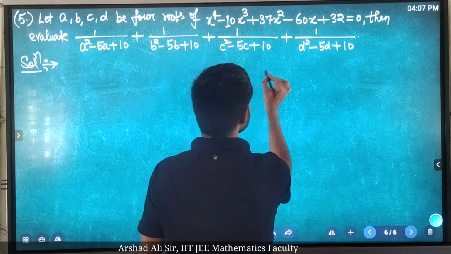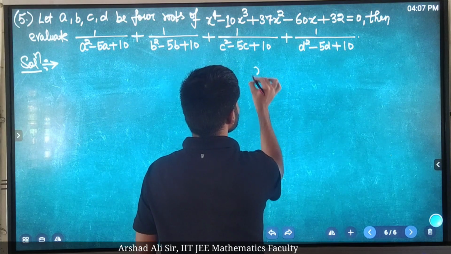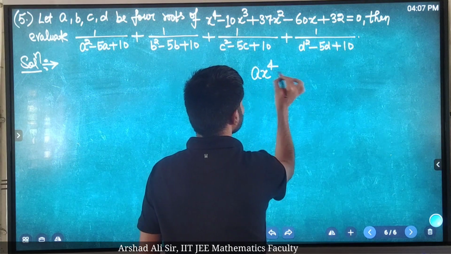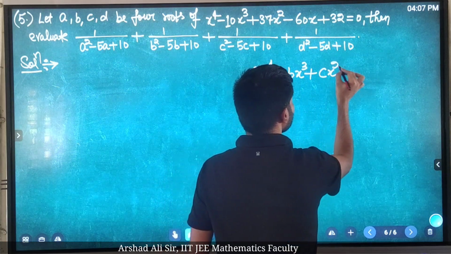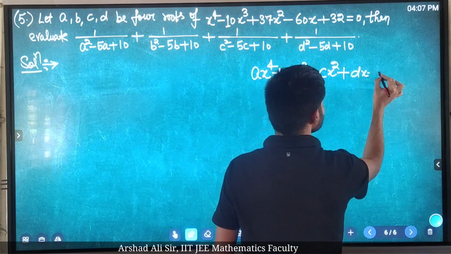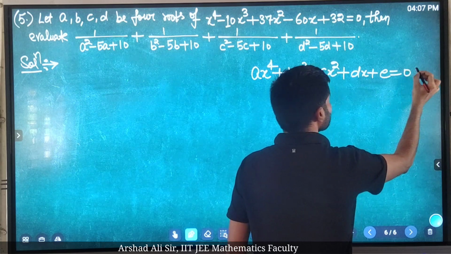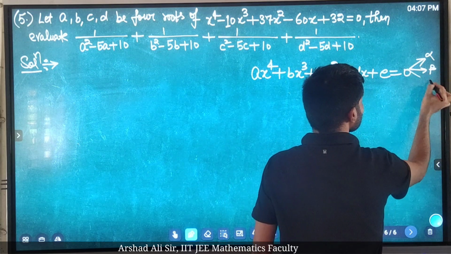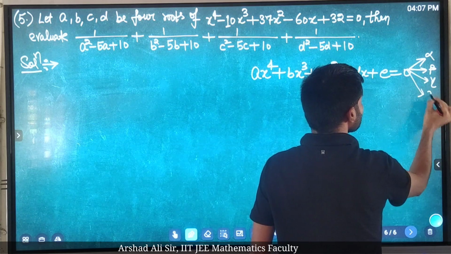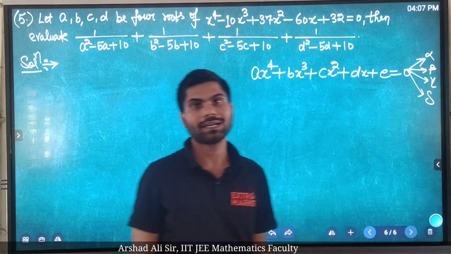If you are given any biquadratic equation, let's suppose ax to the power 4 plus bx cube plus cx square plus dx plus e is equal to 0, and let's suppose alpha, beta, gamma and delta are the 4 roots of this biquadratic equation.